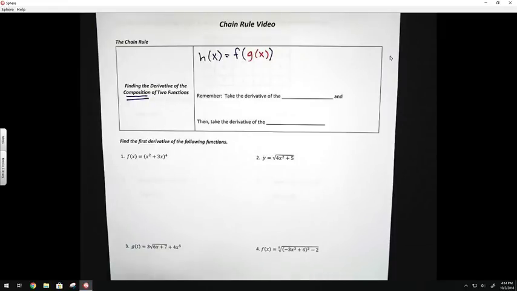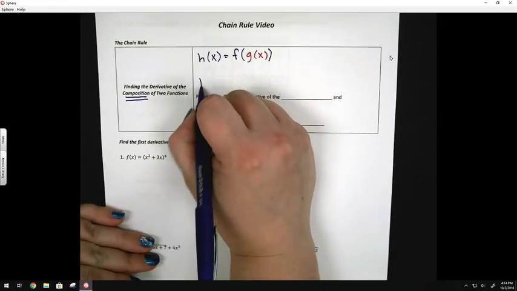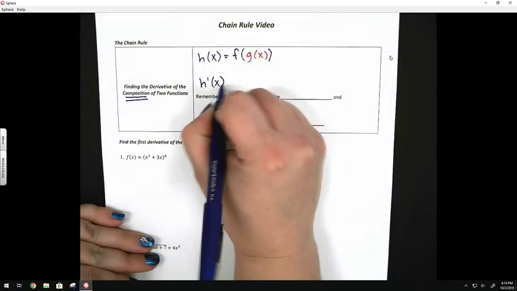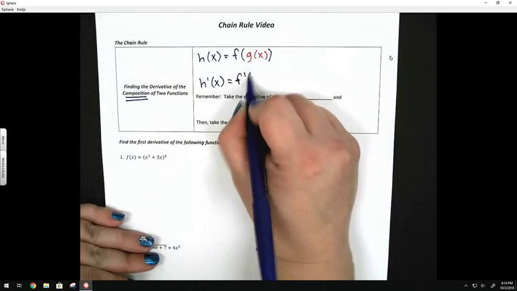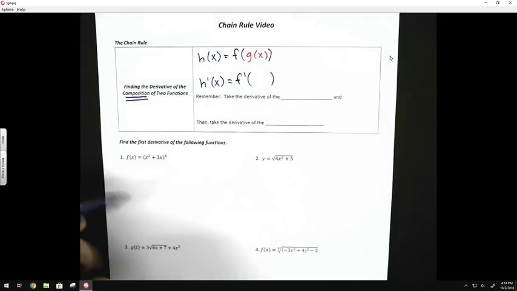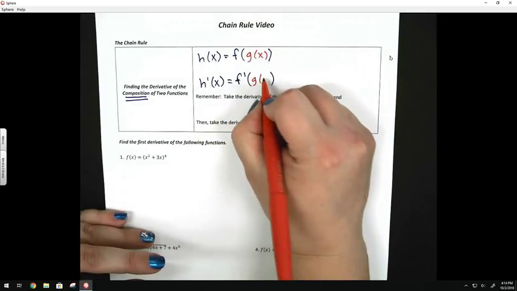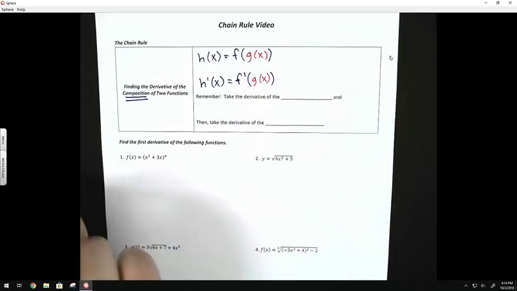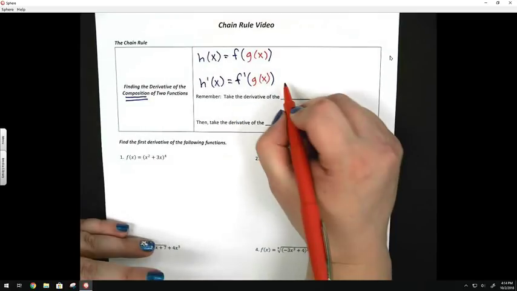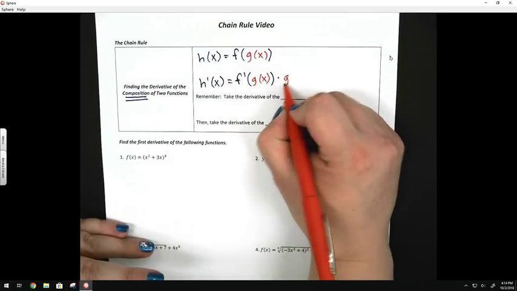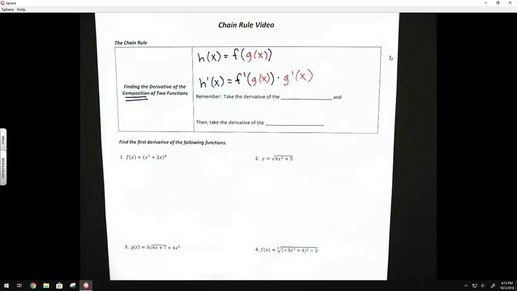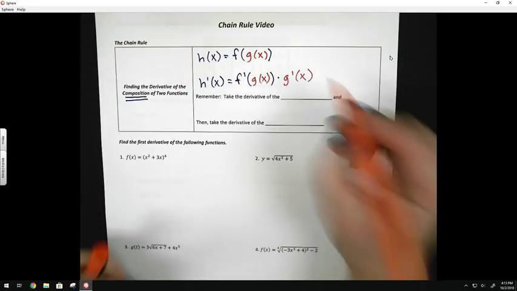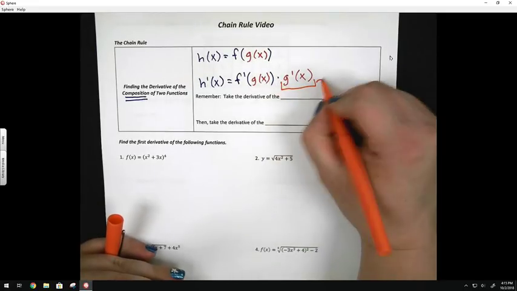If we were to take the derivative of that, h prime of x, we're going to first take the derivative of the outside function and leave the inside function alone. So f prime of g of x. And then we need to multiply by the derivative of the inside, so g prime of x. This g prime of x part is what we refer to as the chain.